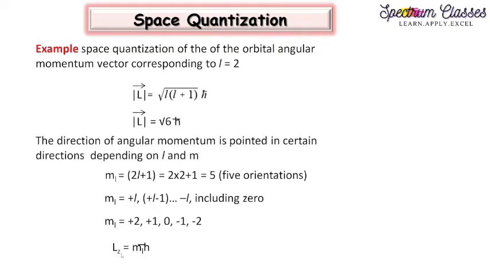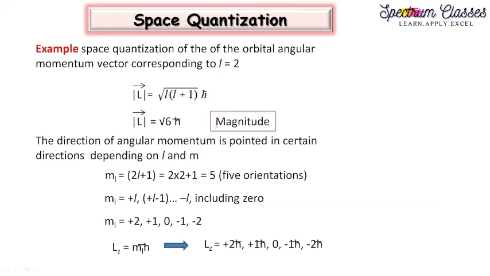Now coming to Lz equal to ml h cross. So putting all these values, this component vector Lz is having 2L plus 1 values, and corresponding to this we are having plus 2 h cross, plus 1 h cross, 0, minus 1 h cross, minus 2 h cross.